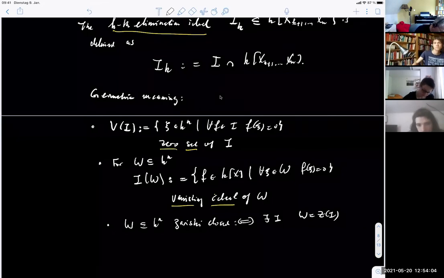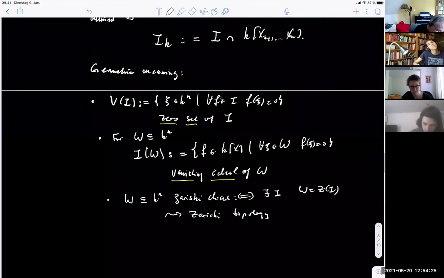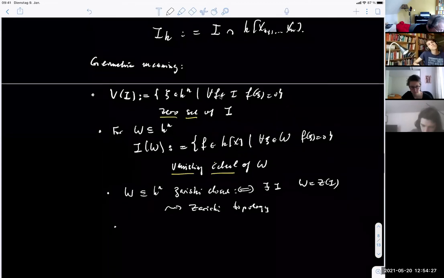So Zariski closed leads to the notion of the Zariski topology. In a way it's very useful, but also kind of gewöhnungsbedürftig, I would say it takes some time to get used to it. It's a topology, but it's kind of strange. It's not Hausdorff and so on. But still many things work.